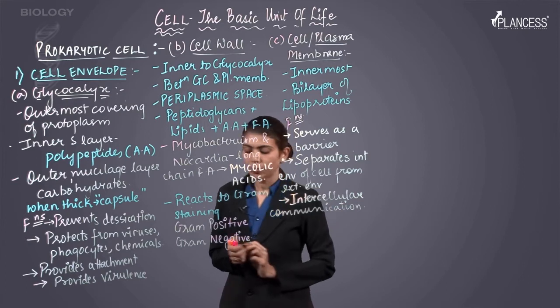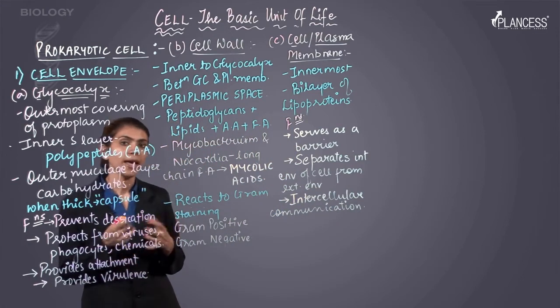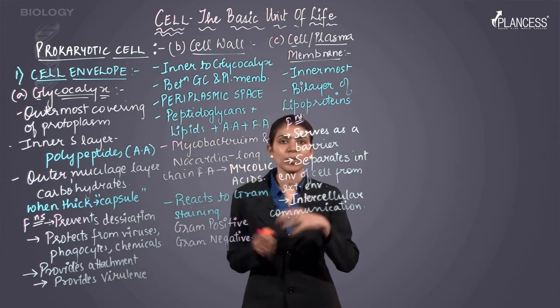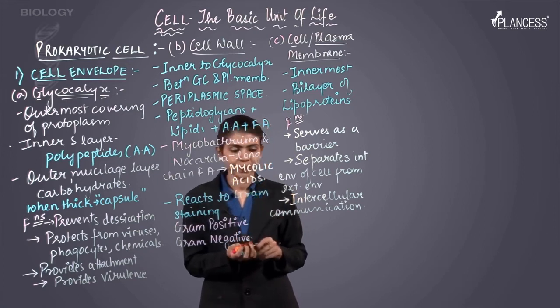Now, it is the plasma membrane which has receptor sites to receive molecules and to react to those molecules of chemicals. So it has receptor molecules to receive chemicals and to react to them.